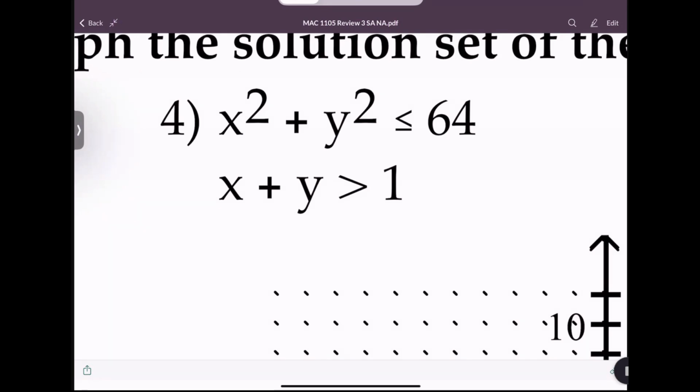If the center is at 0, 0 and the radius is 8, that means 0, 0 is on the inside, right? So if I plug in 0, 0 here, 0 squared plus 0 squared, is that less than 64? Yes. So if the center of the circle says yes, that means you shade the inside of the circle because 0, 0 is inside the circle. Does that make sense?